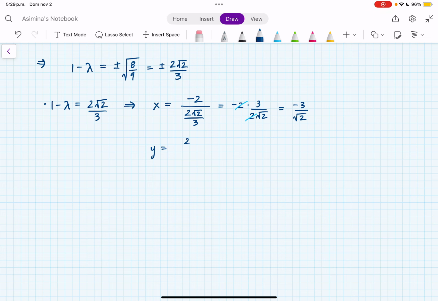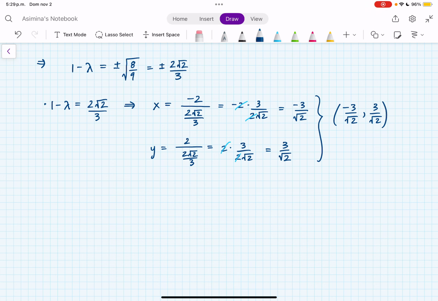Well, y is 2 over 1 minus lambda, so 2 over 2 root 2 divided by 3. Again, that's equal to 2 times the reciprocal, so that's this. 2's cancel out, so I get that y is 3 over root 2. So if 1 minus lambda is 2 root 2 over 3, that gives me the point minus 3 over root 2, comma 3 over root 2.